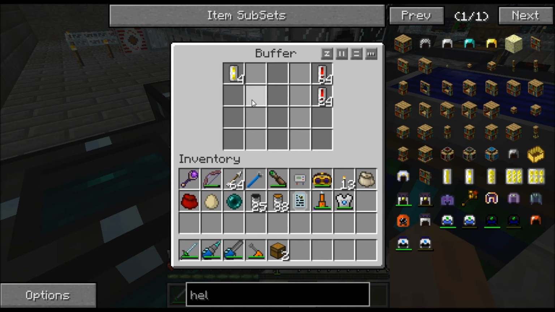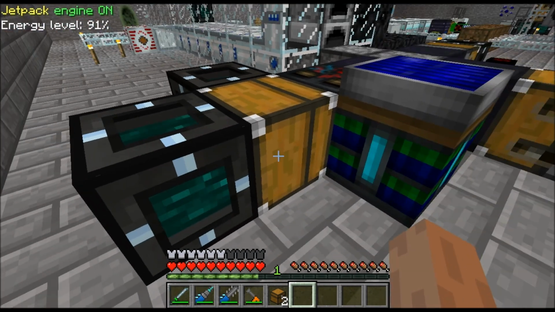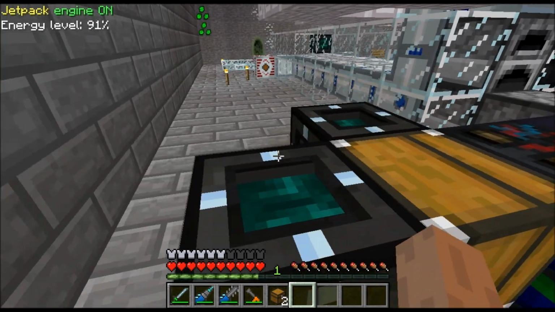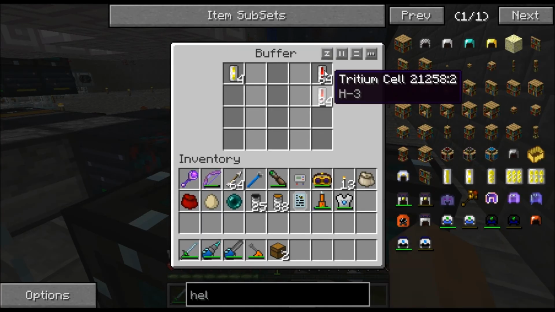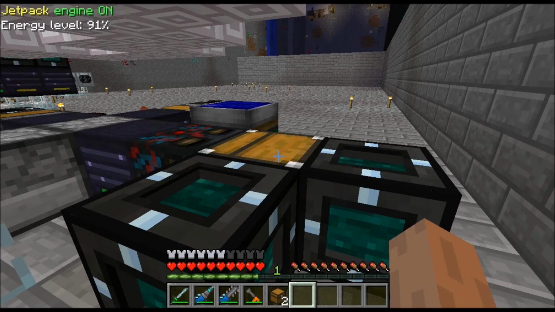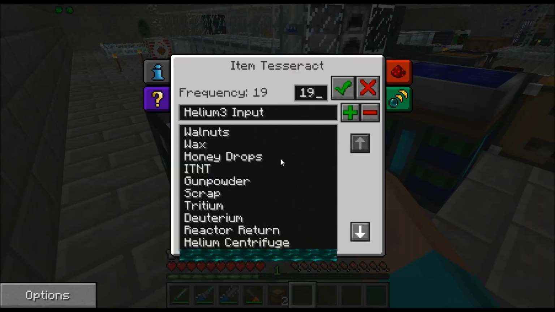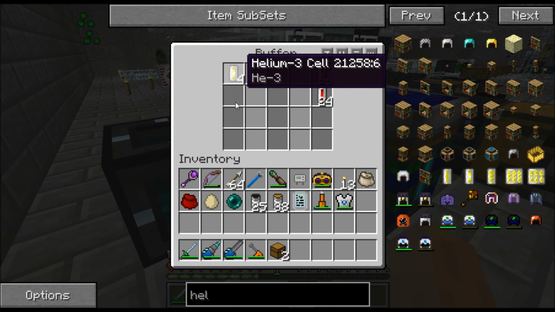And like I said in the previous video, a buffer has 5 independent inventory slots, and each inventory slot is dependent upon the side that the items are input from. So any items input from this side, which happens to be tritium, will be put into this slot, whereas any items put into this side, which is helium-3, go into these slots here.